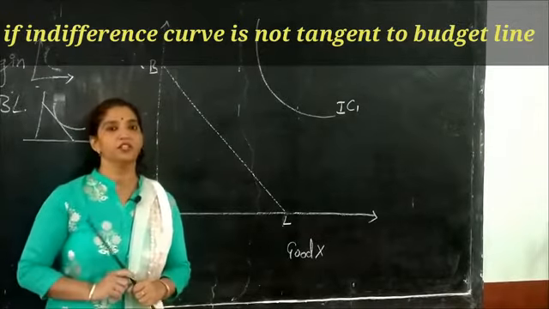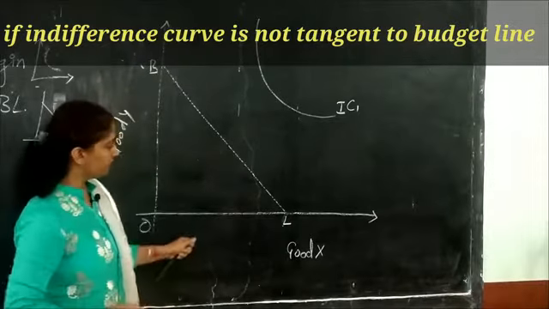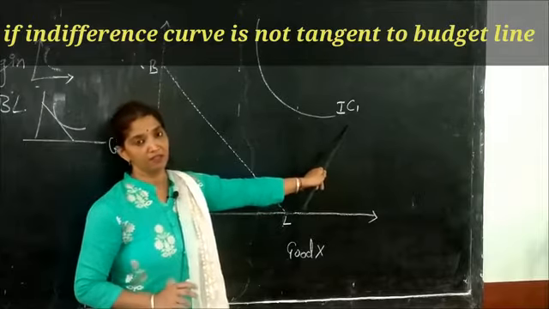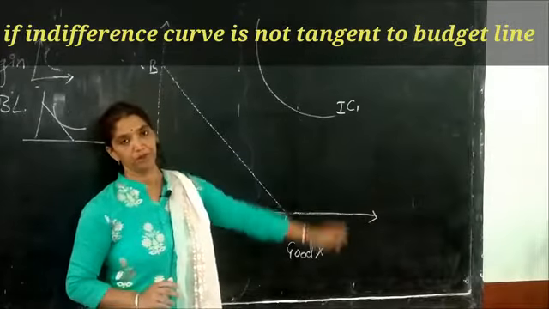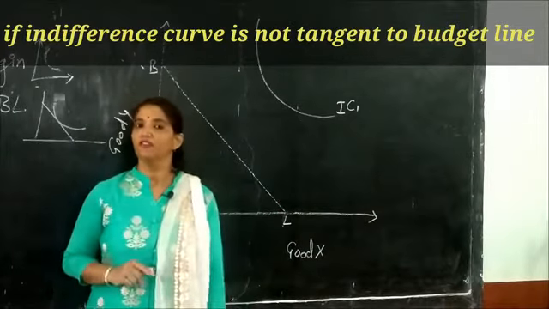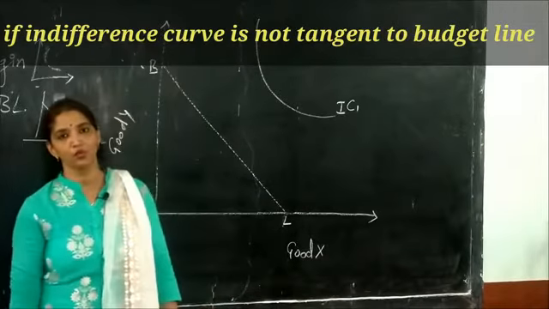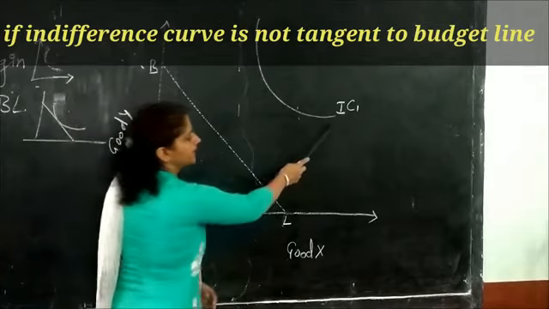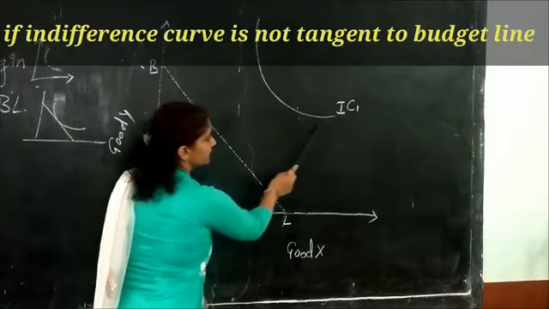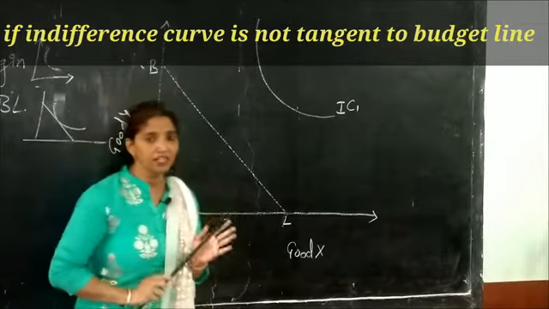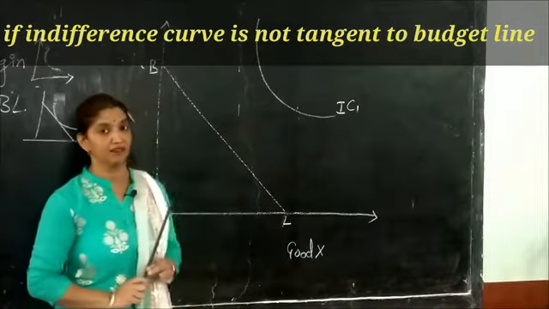Here I have taken this budget line BL and IC1 as the indifference curve for the consumer. The first condition for consumer equilibrium, that the indifference curve should be convex to the origin: here IC1 is convex to the origin.